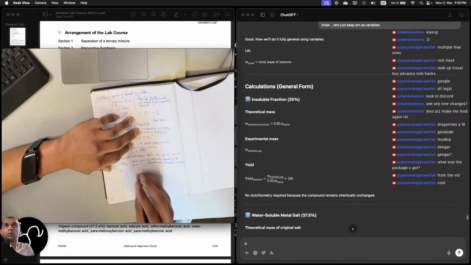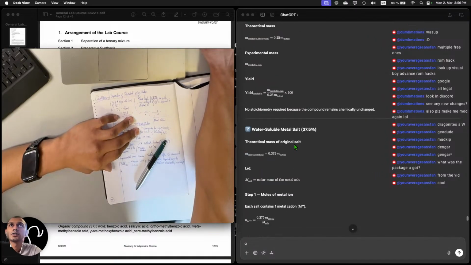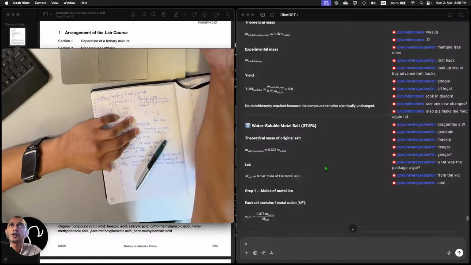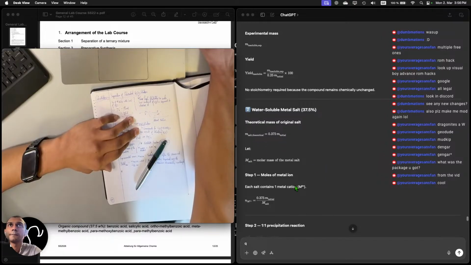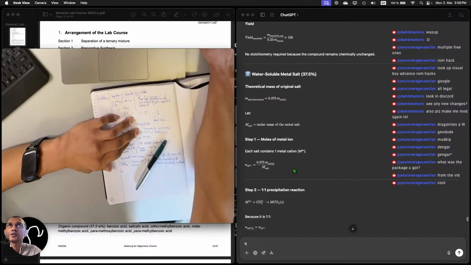Now, water soluble. So theoretical mass of the original salt is 0. Now moles of metal ion. Number of moles. Molar mass of the metal salt. Okay, so we calculate the number of moles.